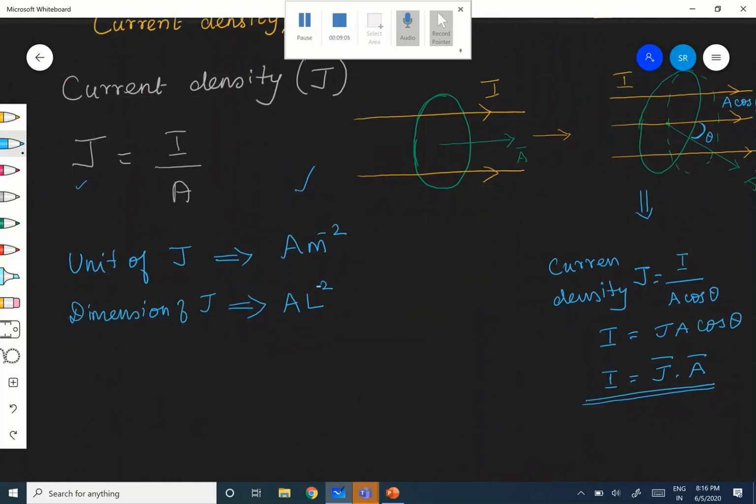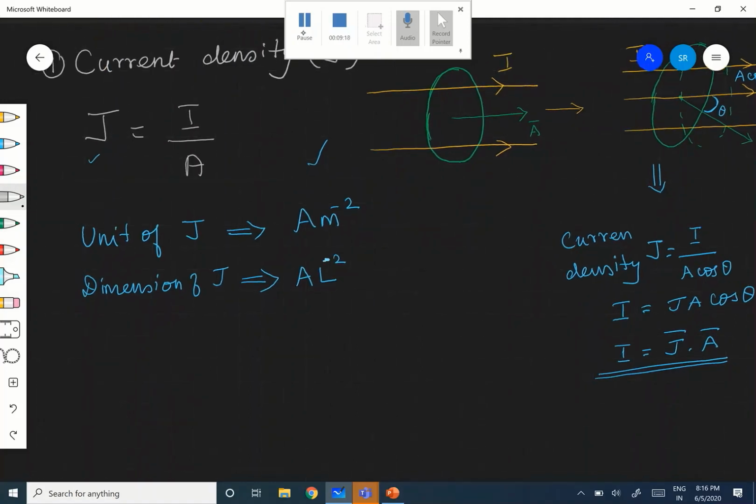Right. Now, this is number 1. Okay, number 2 is conductance.